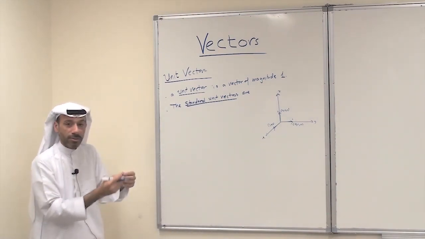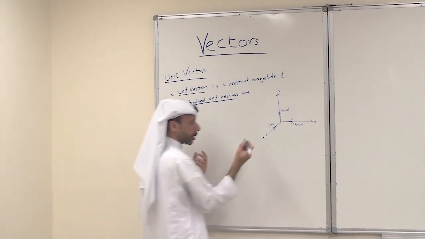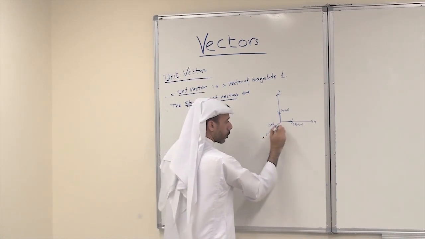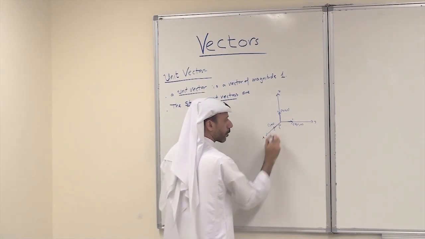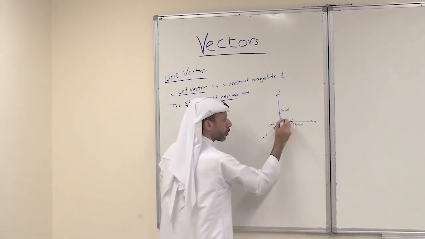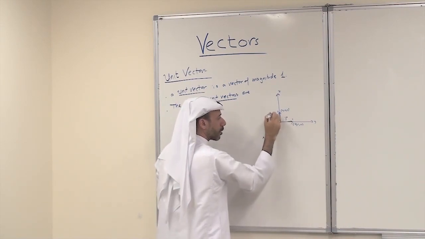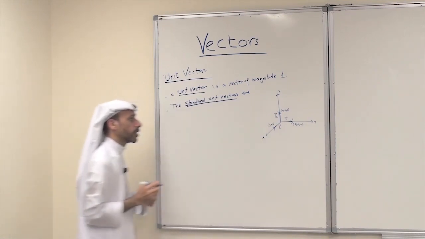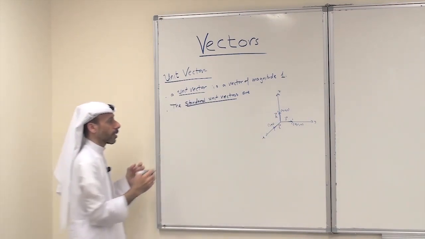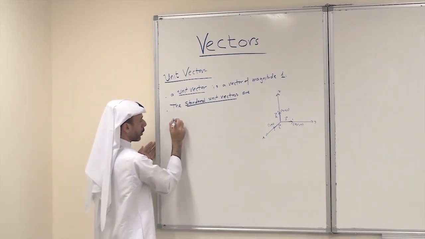And these vectors have a special name or notation. For the one on the x-axis we call it the vector i, the one on the y-axis we call the vector j, and the one in the direction of the positive z-axis is called k. So these are the following vectors.